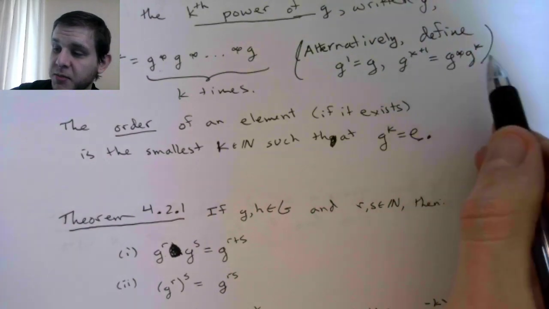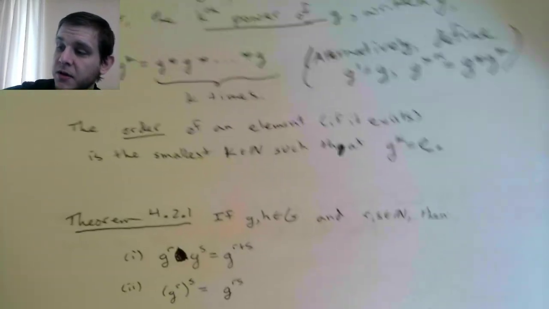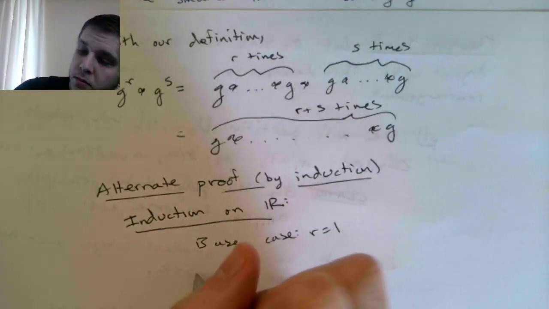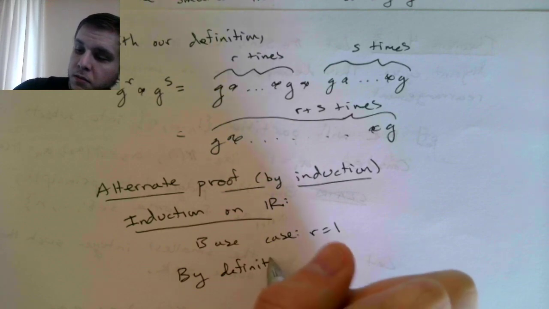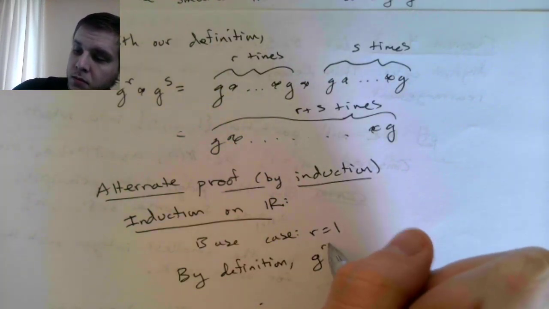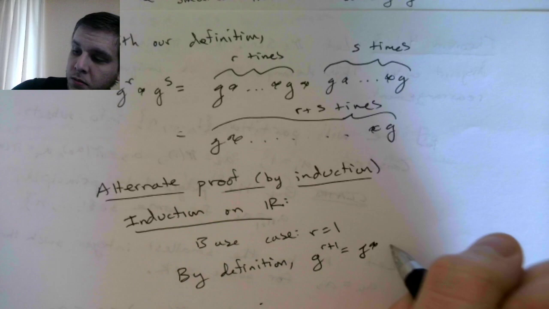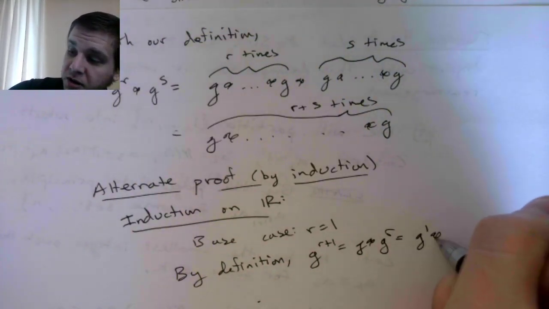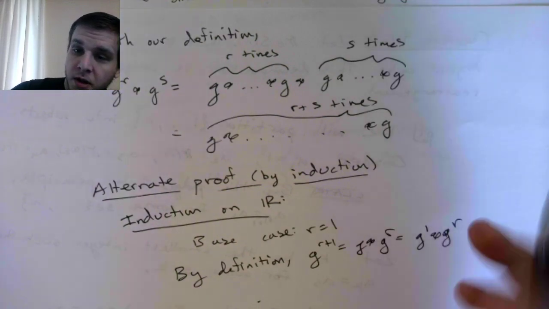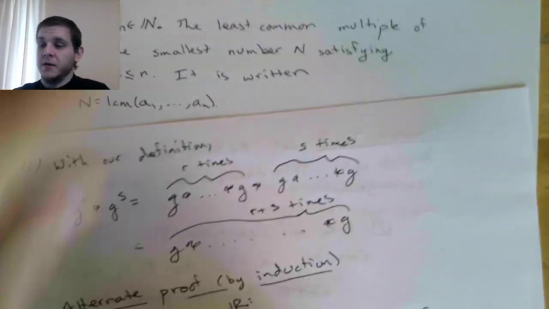G to the R plus 1 is G times G to the R, which is just G to the 1 times G to the R. And that's what we wanted to show.